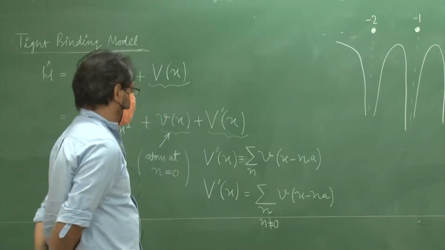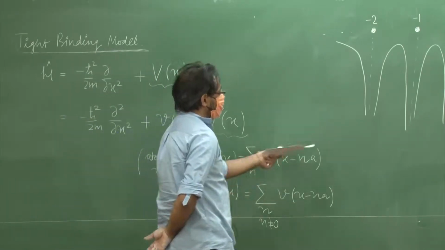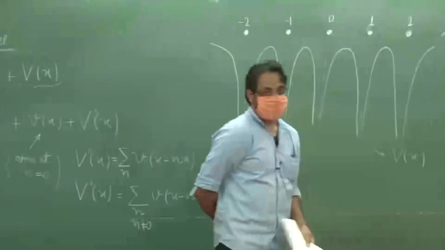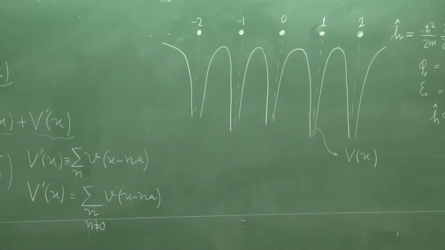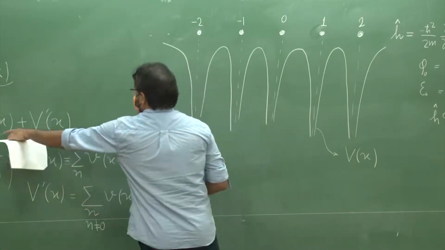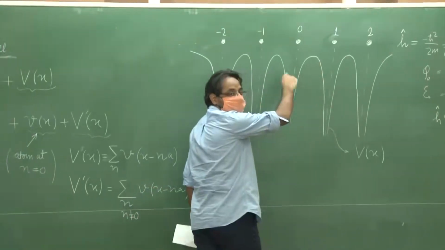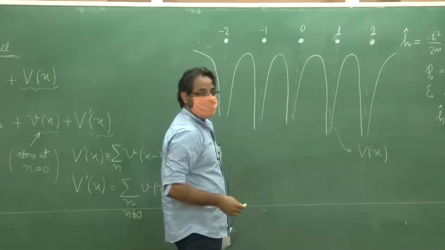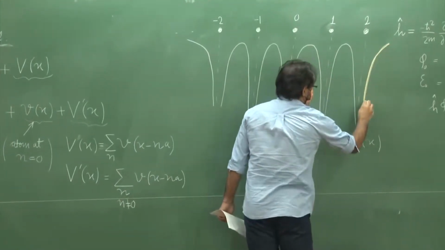We have drawn the graph of V of x. What will be V prime x? Let's try drawing it on the same. So the effect of this term is only here, right? So we have subtracted this part. Elsewhere it's going to be the same, more or less.